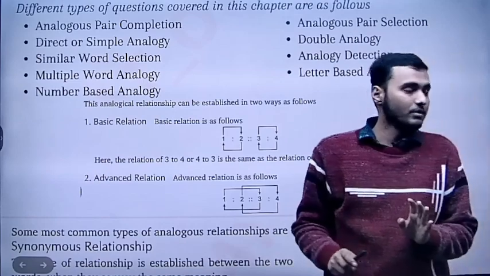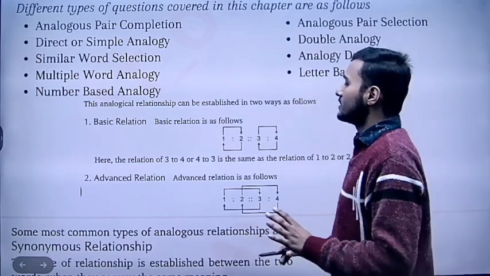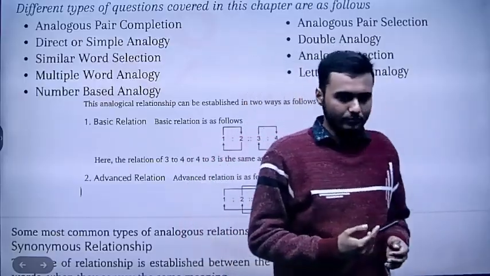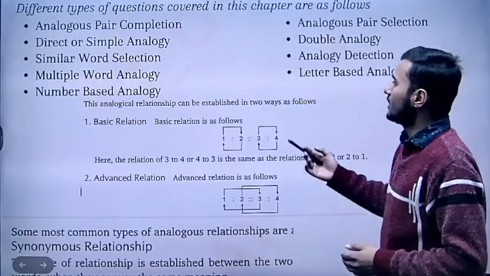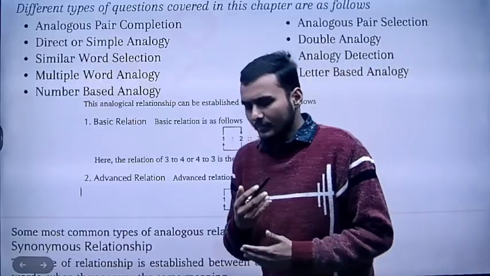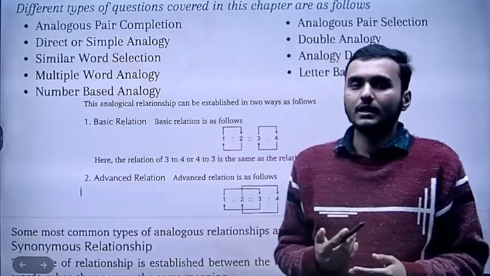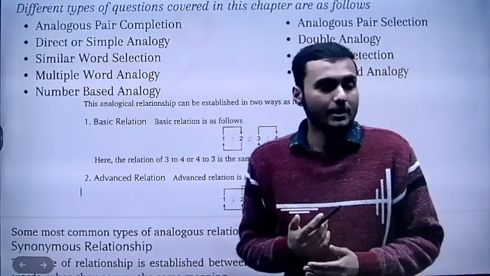But in today's class we will not be doing all the types of questions. In an upcoming class, if you want another session, we can definitely come up with the types of questions we left in this session.